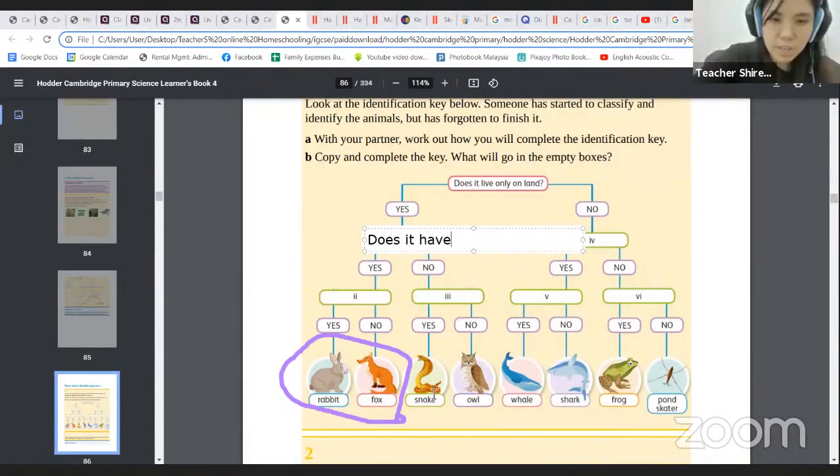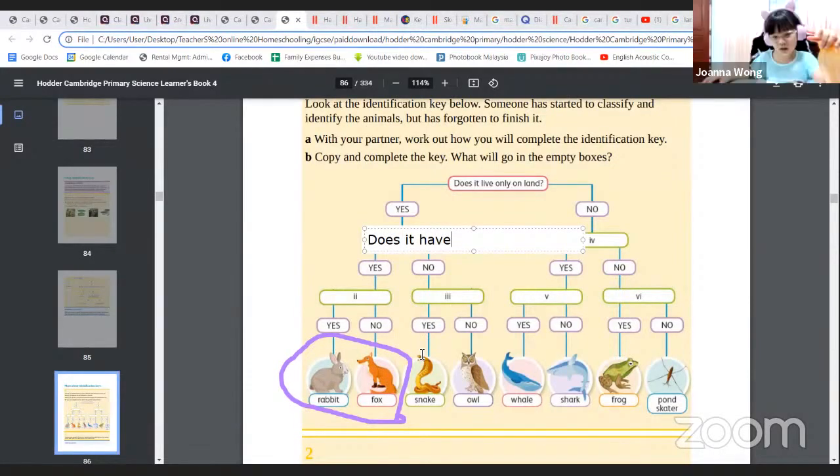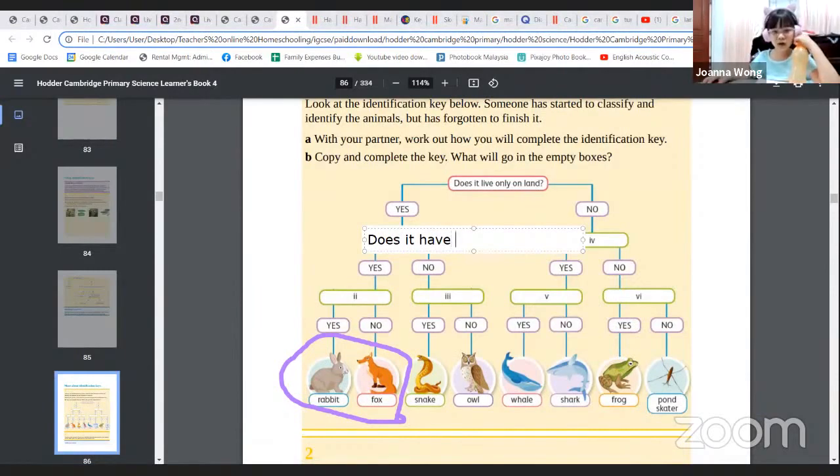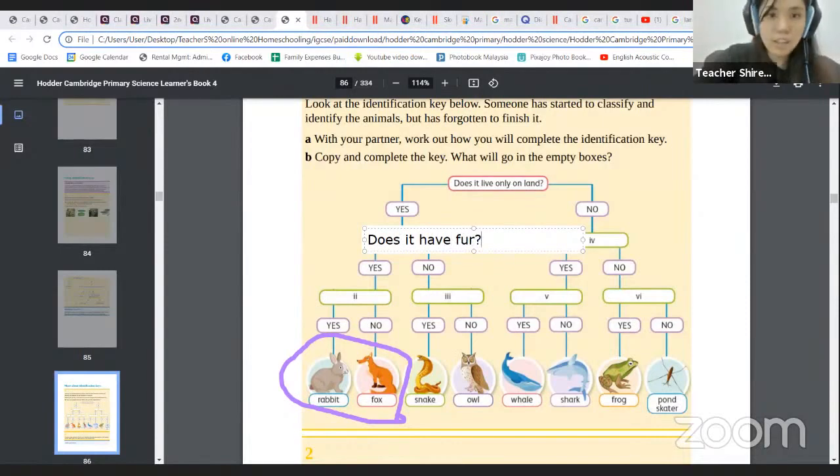You see the body covering? This is fur, this is fur, this is scale, this is feather. So yes, what is similar? These two have fur. Yes. Does it have fur? Understand?